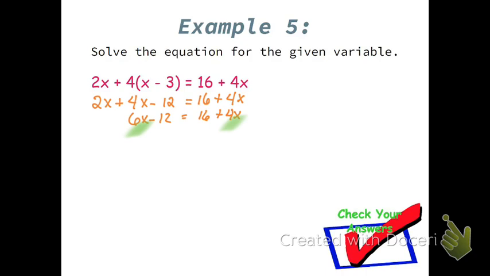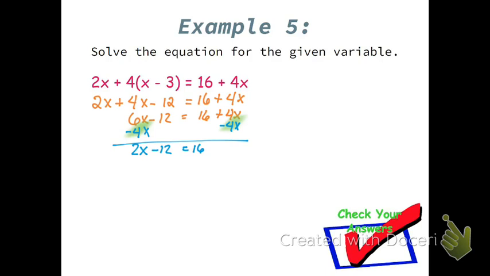I personally like to avoid having negative coefficients, so I would rather subtract 4x from both sides than subtract 6x from both sides, just kind of thinking ahead a little bit. So that's what I'll do. I'm going to subtract 4x from both sides, and that is going to leave me with 2x on the left.